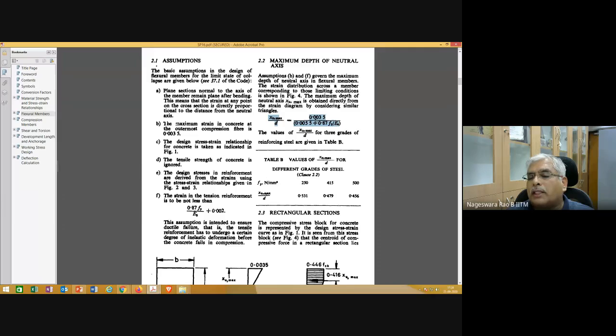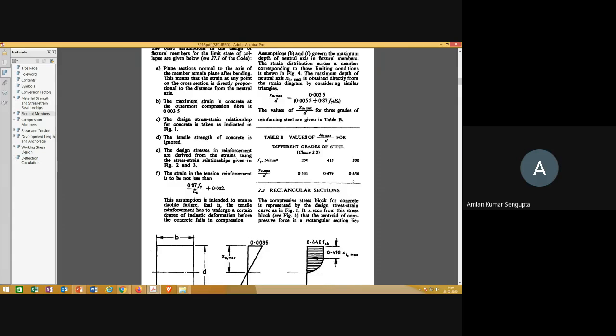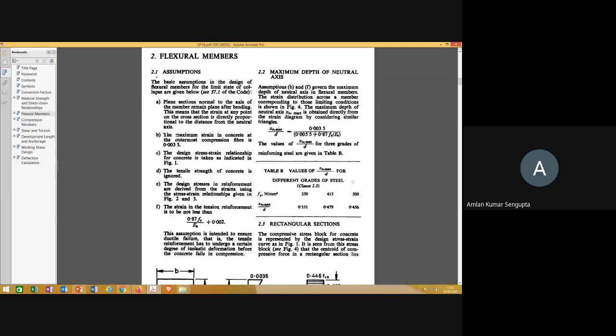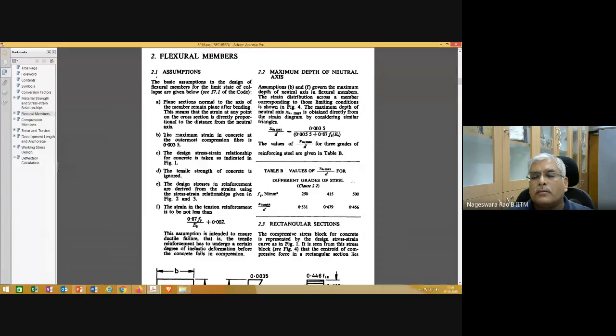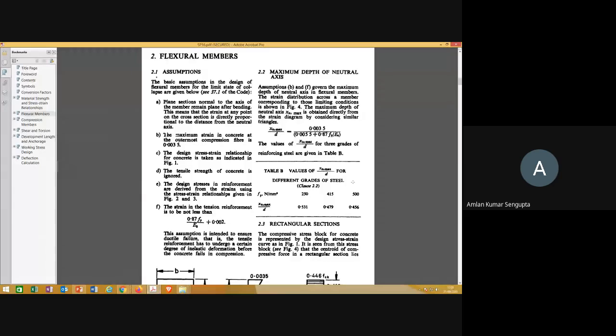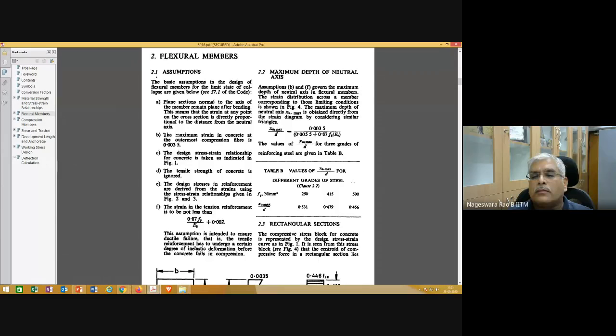Just now you noted what is this equation, and this equation for different types of steel, what is XU max divided by D, it is given here, and here it is given up to 3 significant digits, whereas in page 70 of IS 456 it's given only 2 significant digits. Okay. Please note that in your reading assignments, the SP16 clauses are being mentioned. By the end of this course, we will be covering the full of SP16, and you have to be familiar with it to write the exam. You cannot start reading the SP16 during exam. Okay.